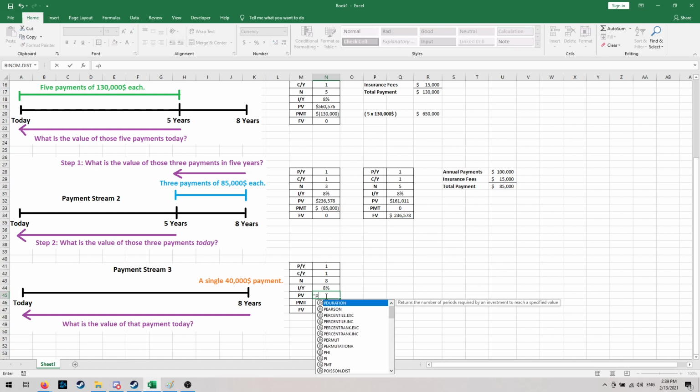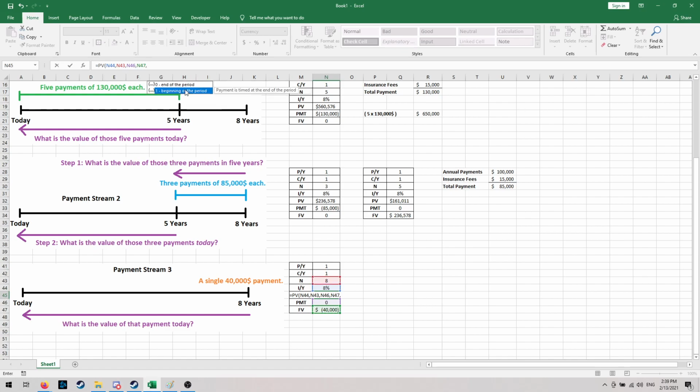So we can just use our PV function again, filling out all of our variables, our rate of 8%, our number of payments, 8, the amount of our payments, we're not making any payments, so this is 0, and the future value of 40,000. And again, remember, we'll add our beginning of the period flag, close our bracket, and we'll get $21,611.